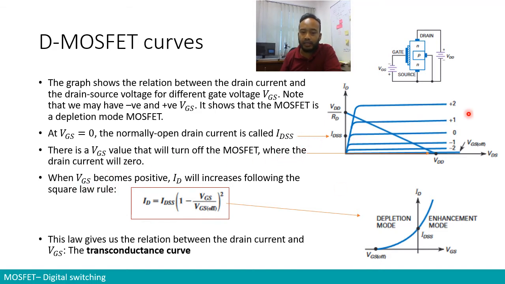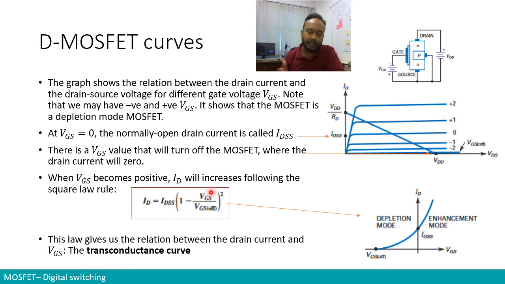When VGS becomes positive, ID increases, as I mentioned just now. If you look at the increase from 0 to 1, we have a certain increase. From 1 to 2, the increase is much larger than between 0 to 1. So it follows what we call a square law rule. If you increase VGS, the increase of ID becomes larger and larger by square.